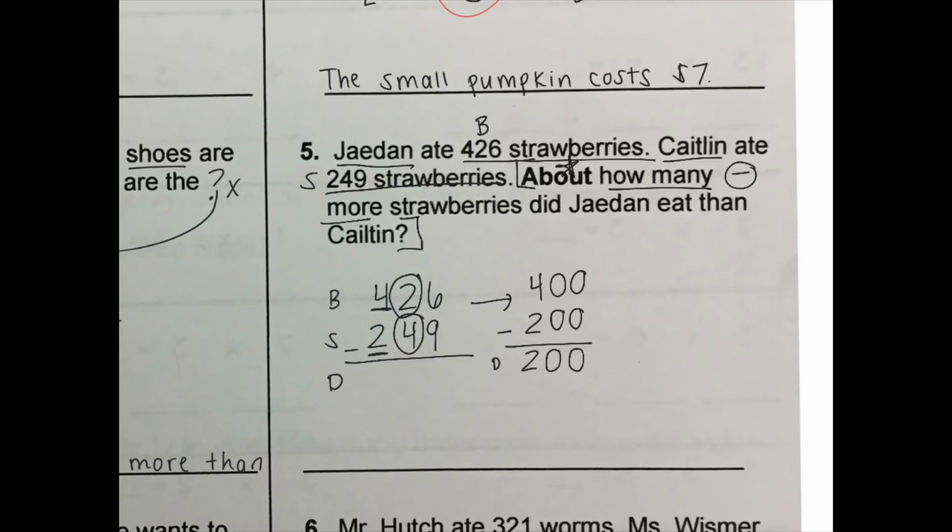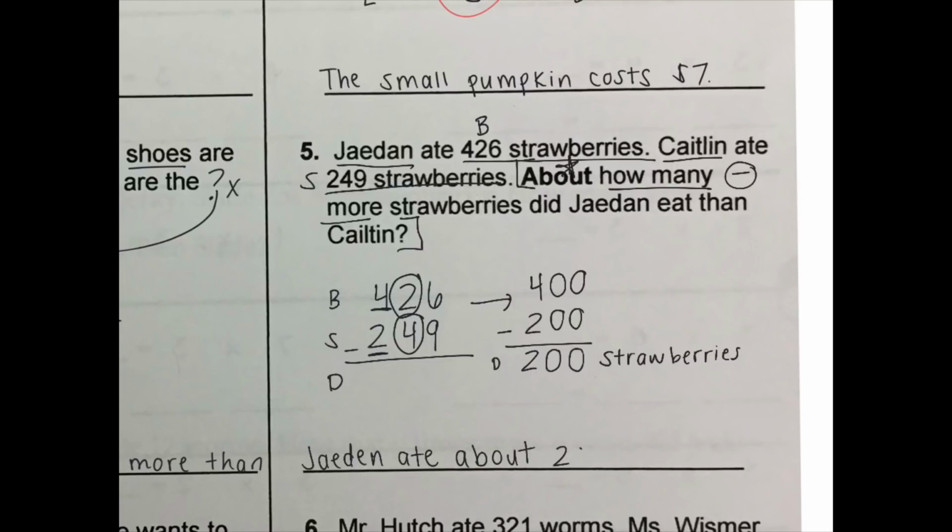200 what? 200 strawberries. Let's write a complete sentence answer. Jaden ate, don't forget this very important word, about. We have to say about because we didn't get a real answer, we got a rounded answer.